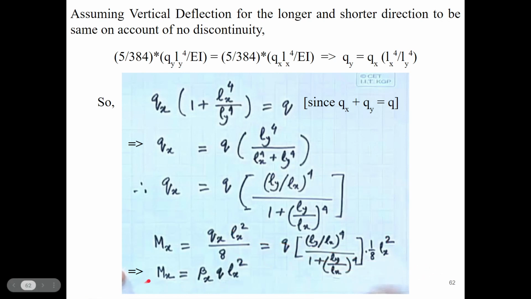So Mx will be equal to beta x into Q Lx square, where beta x is (Ly by Lx) to the power 4 by 1 plus (Ly by Lx) to the power 4, into 1 by 8. That will be the value of Mx.